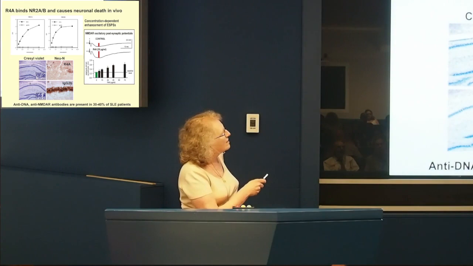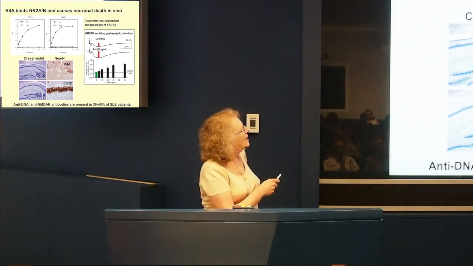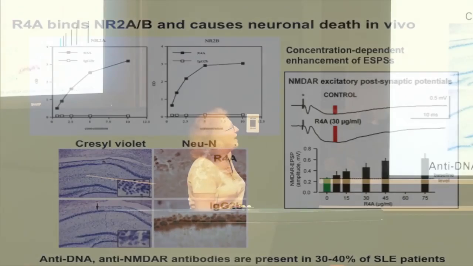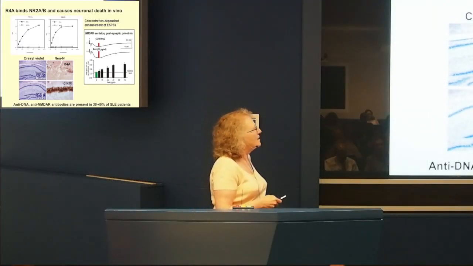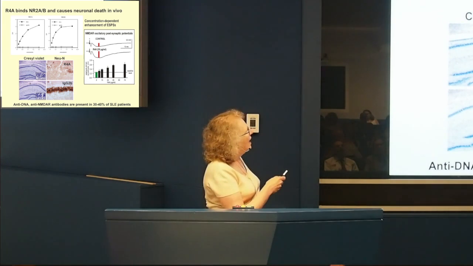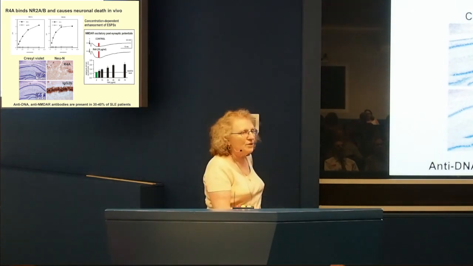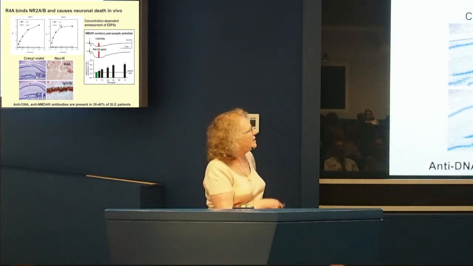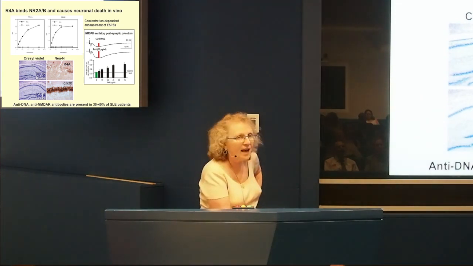So we expressed the extracellular domain of NR2A and NR2B, and we used a monoclonal antibody that is cross-reactive with DNA and this 5 amino acid peptide. You can see that it bound to both NR2A and NR2B, and an isotype control antibody did not.